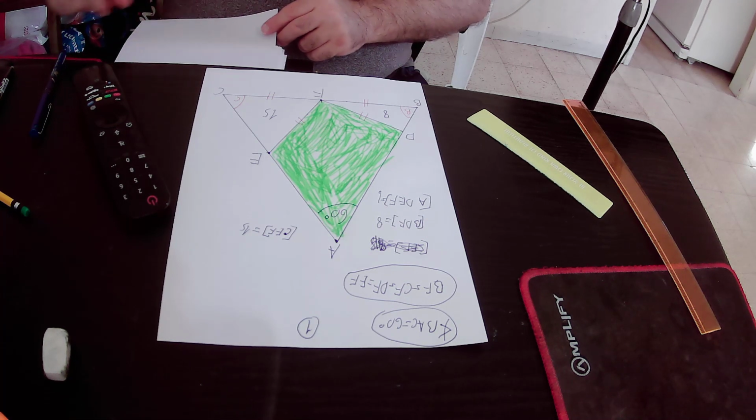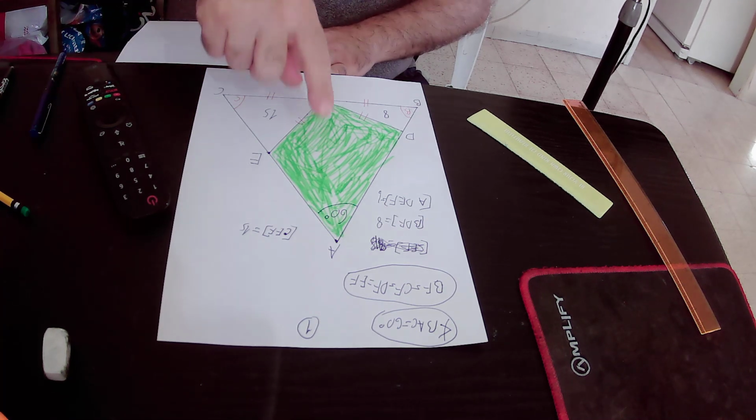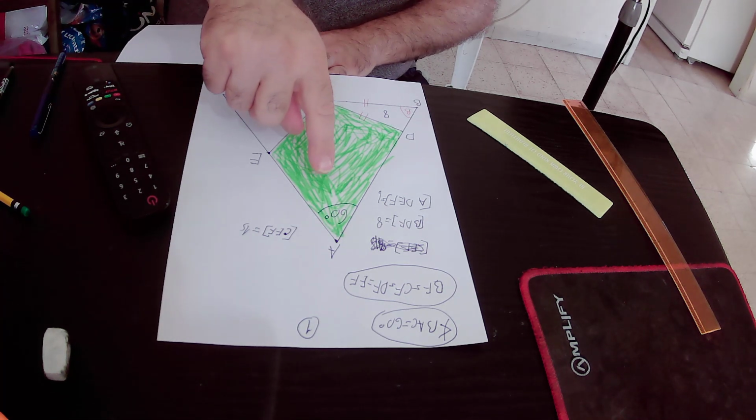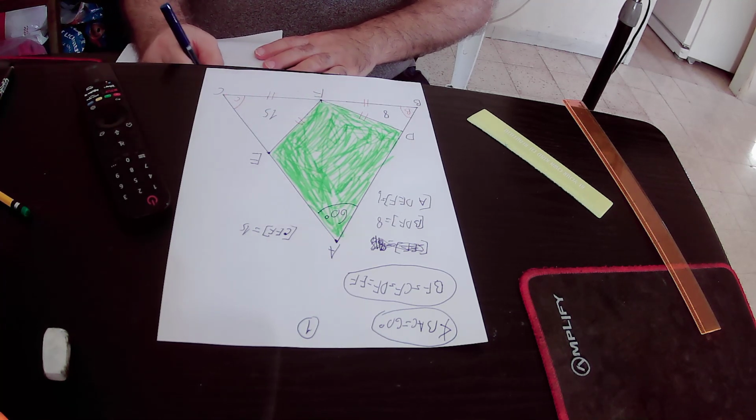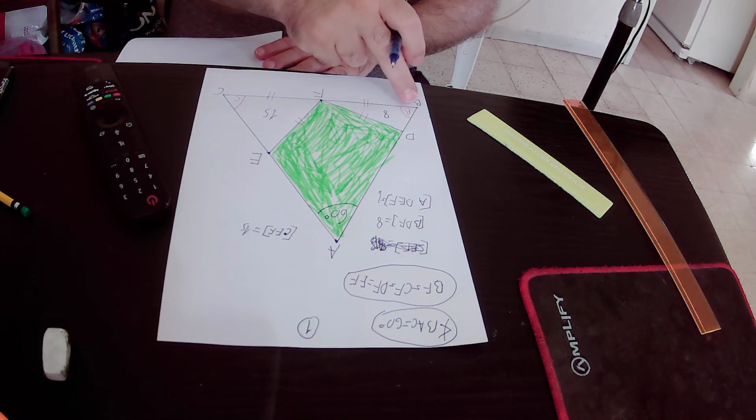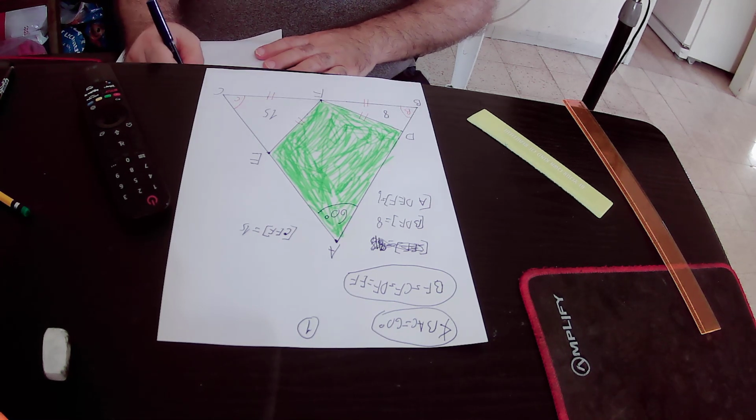That is to say, angle BAC that equals 60 degrees plus angle B plus angle C must be equal to 180 degrees.